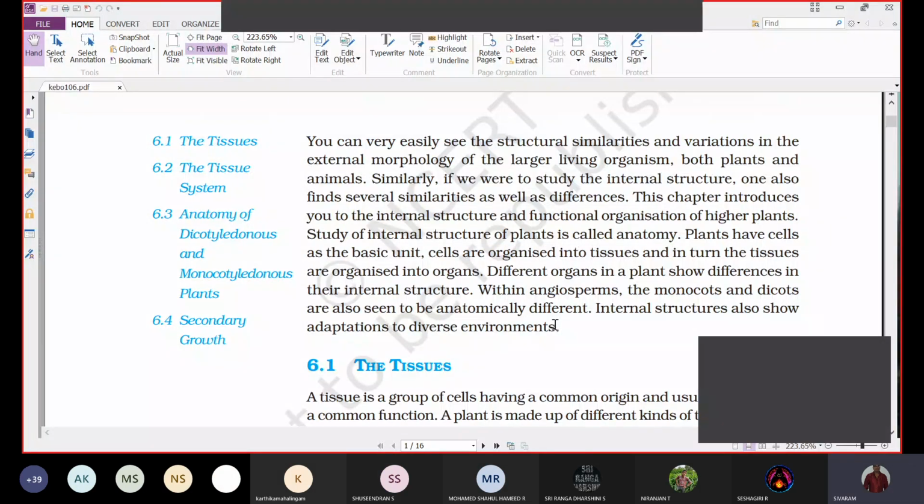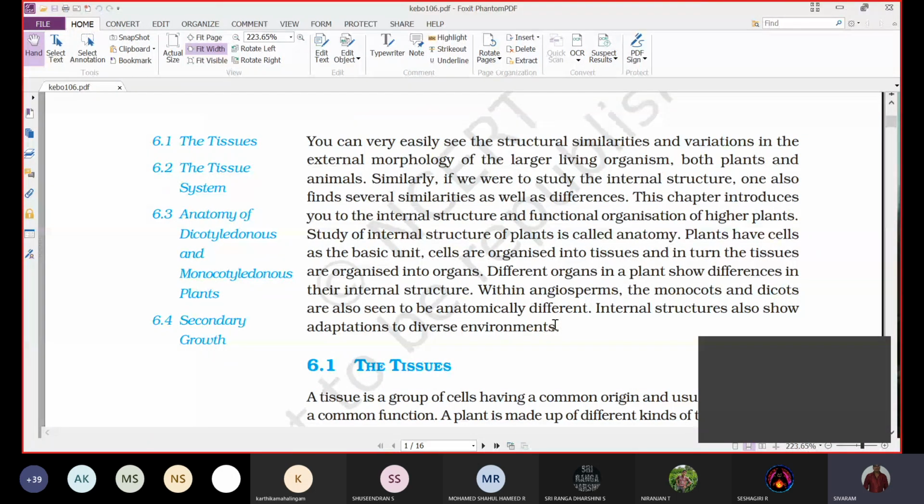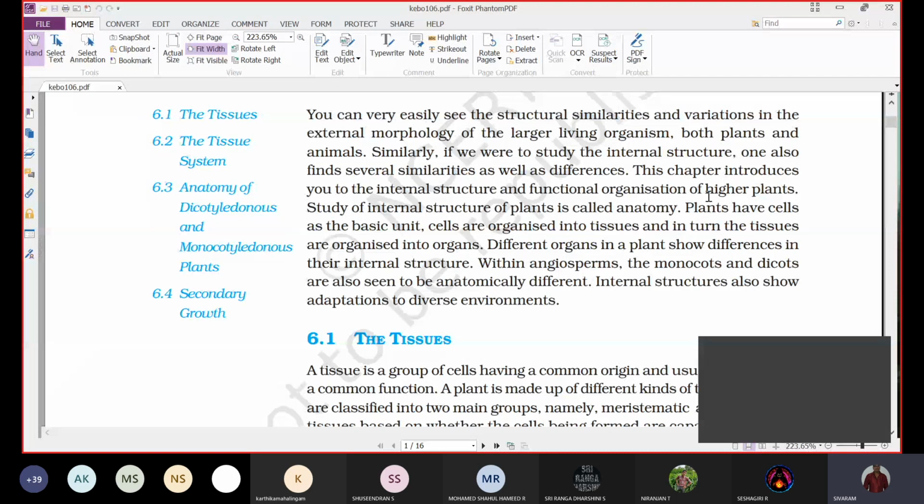This chapter introduces you to the internal structure and functional organization of higher plants, that is angiosperms, in which we discuss monocots and dicots.